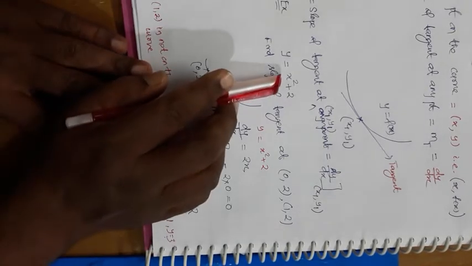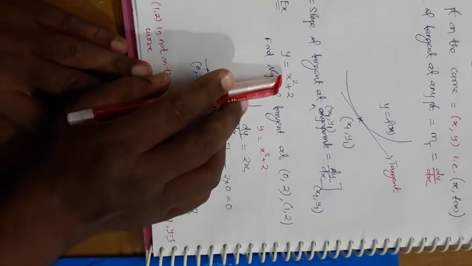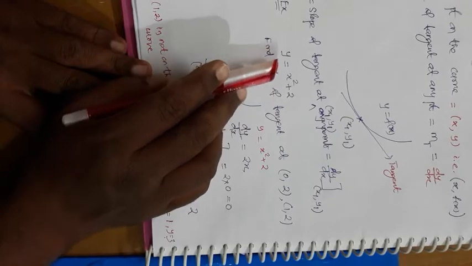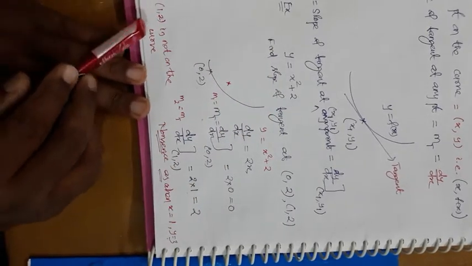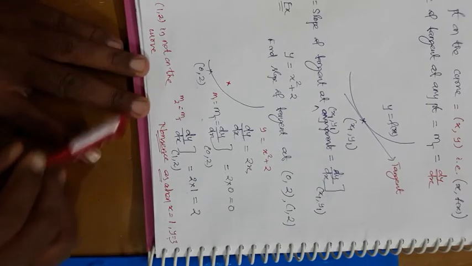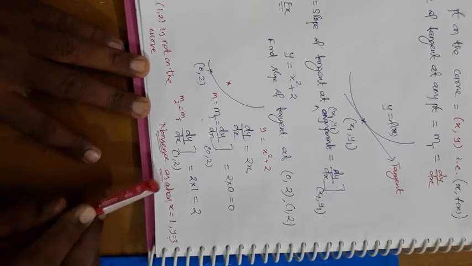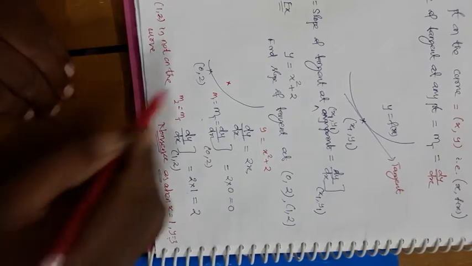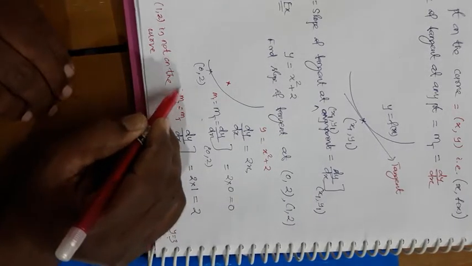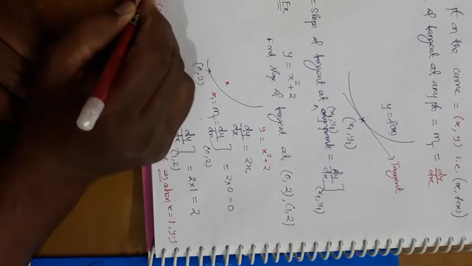Now let us put it here. If you put x as 1, you will get y as 3. So the point 1, 2 is not on the curve. As when x is equal to 1, y is 3, finding this is quite nonsense.